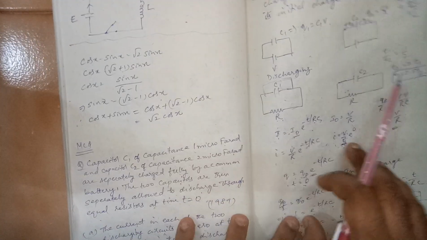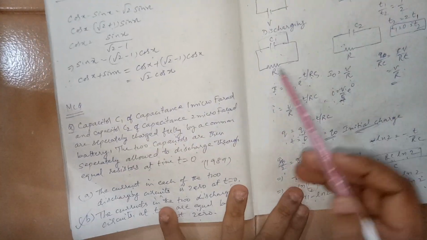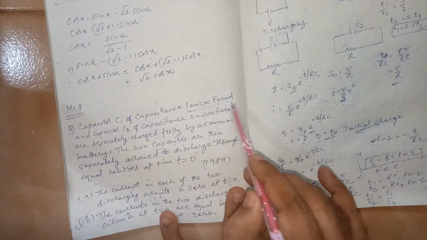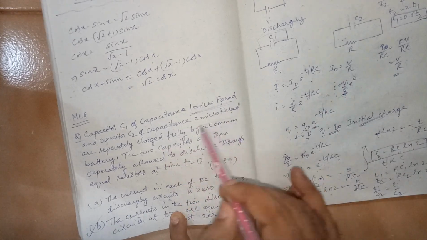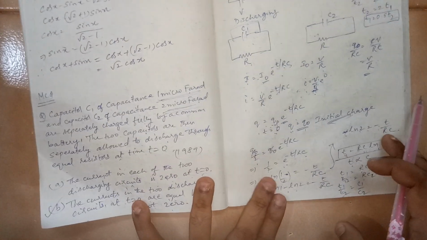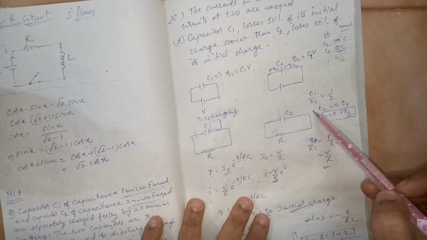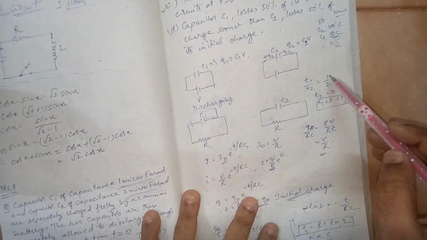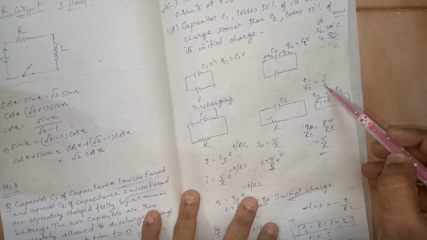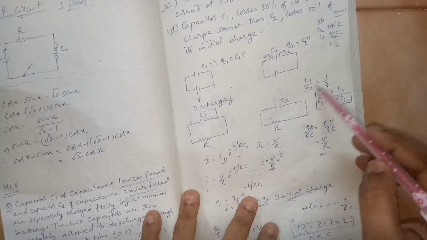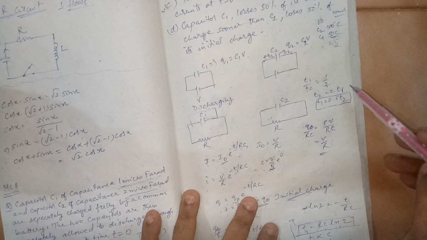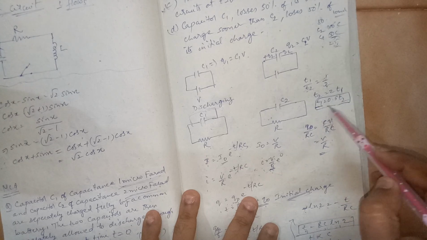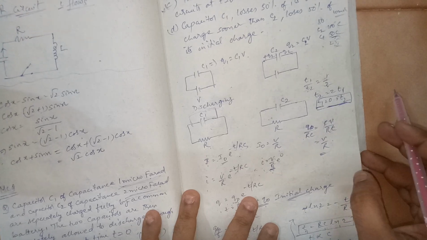In the question, the values of C1 and C2 are given. C1 is 1 microfarad and C2 is 2 microfarad. So T1 by T2, which is C1 by C2, is equal to 1 by 2. Or T2 is equal to 2 T1, or T1 is equal to 0.5 T2.